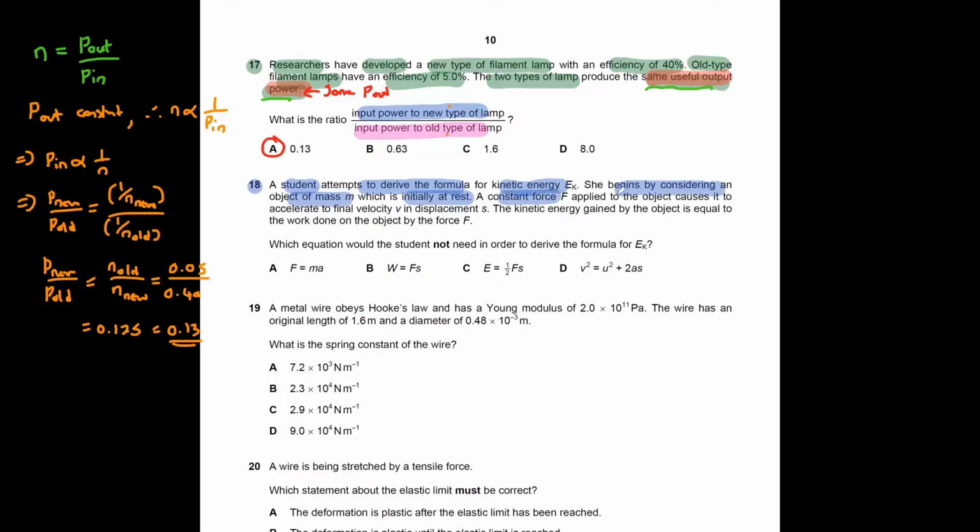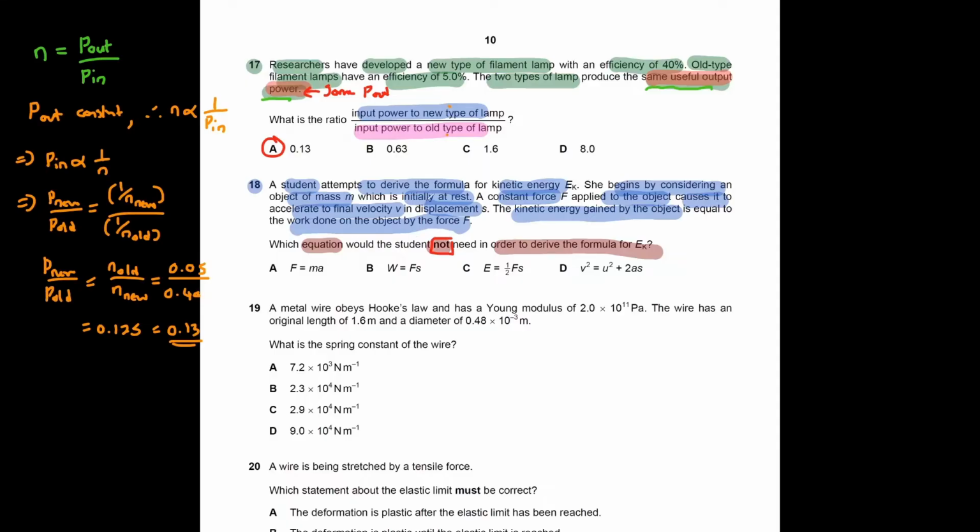A constant force F is applied to the object that causes it to accelerate to final velocity v in displacement s. The kinetic energy gained by the object is equal to the work done on the object by force F. Which of the equations here would the student not need in order to derive the formula for EK? Which particular equation is not used here?